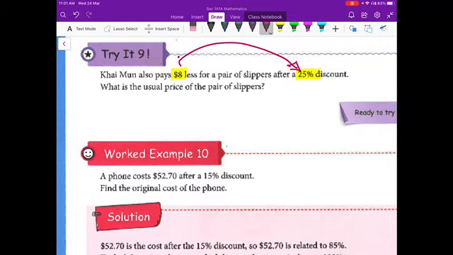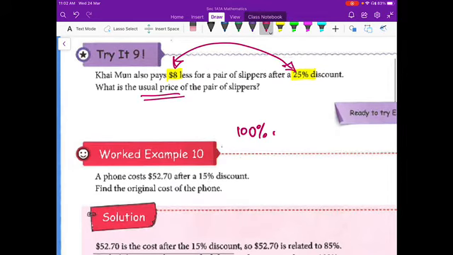So this $8 and this 25%, they are related. You can either say $8 represents 25% or 25% represents $8. Same thing. But what is it that they want us to find? The usual price. So usual price will be represented by how many percent? 100%. I want 100% to represent something. I want the answer over here.